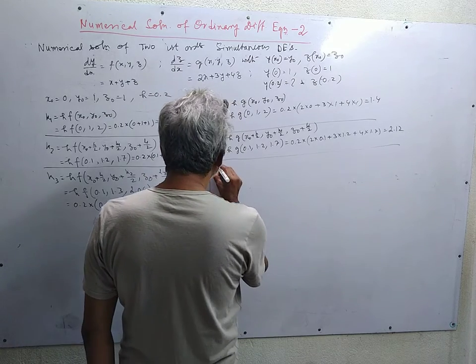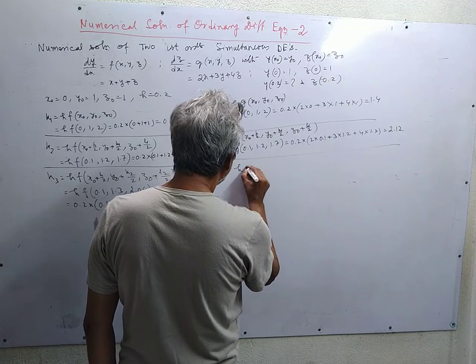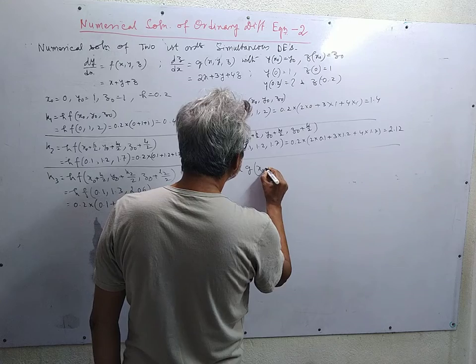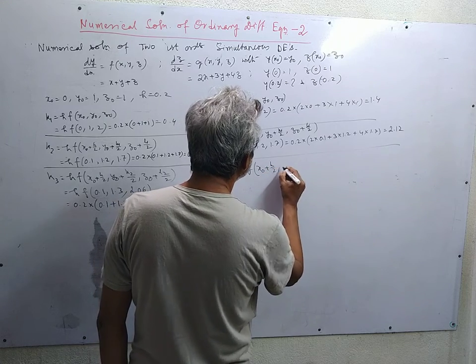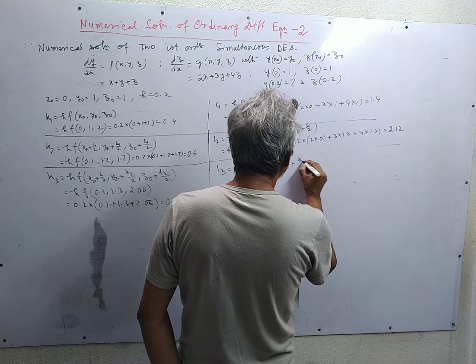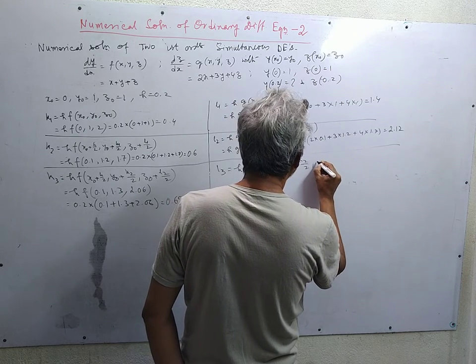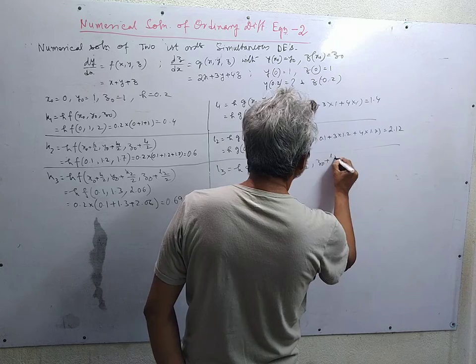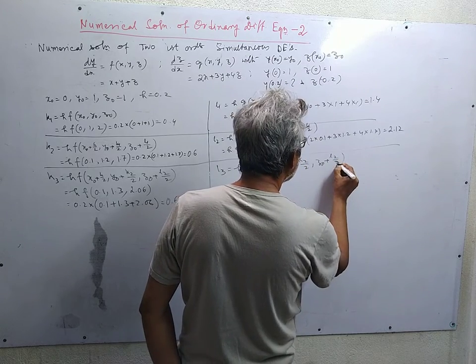Now coming to L3, x0 plus h by 2, y0 plus k2 by 2, z0 plus l2 by 2.